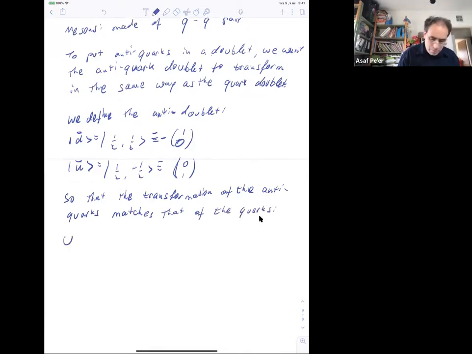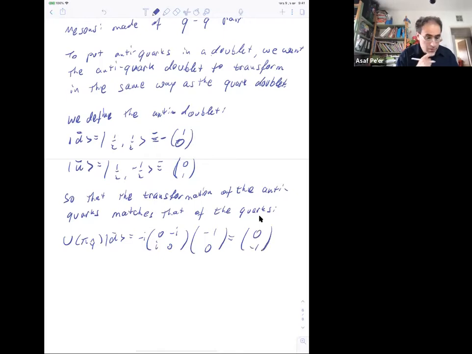So U along the y direction on the anti-down: this is (0, minus i; i, 0) acting on (minus 1, 0), which gives (0, minus 1). So that's a minus up.